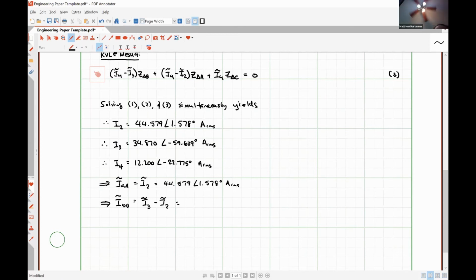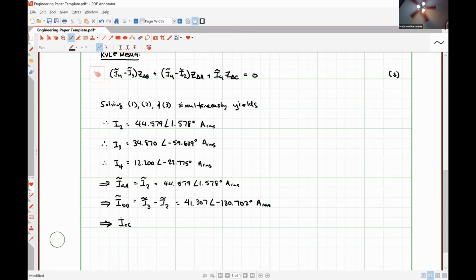So I3 minus I2 gives me 41.307, angle of negative 130.702 degrees amps RMS, and we can definitely see now that our line currents are not balanced because they have different magnitudes, and also the separation between these first two angles is definitely not simply 120 degrees.